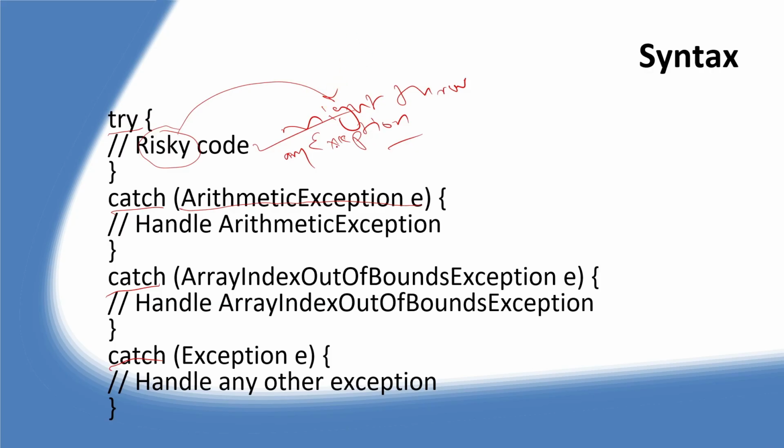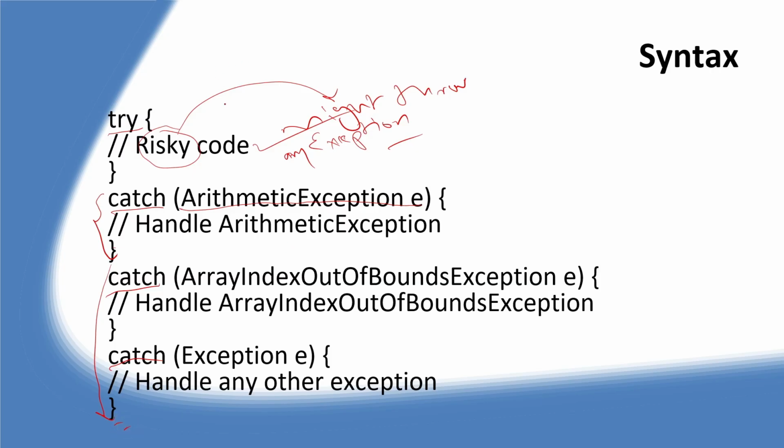And let's say it throws an arithmetic exception, then this particular catch block will execute. If this catch block is executed, the other catch blocks will not execute; it will directly go to the end of the block and execute the remaining lines of code.